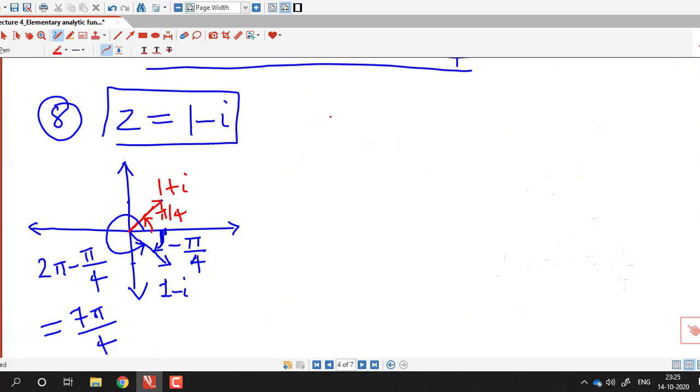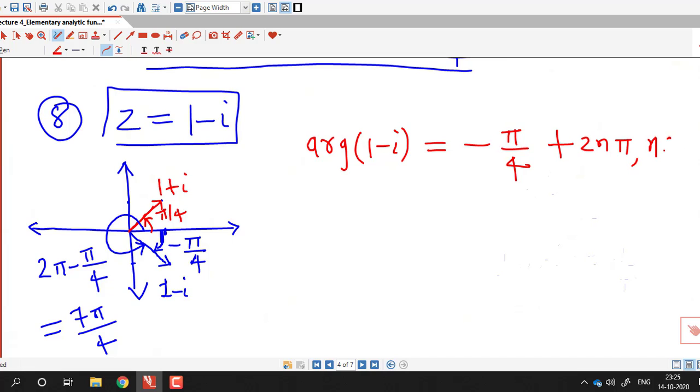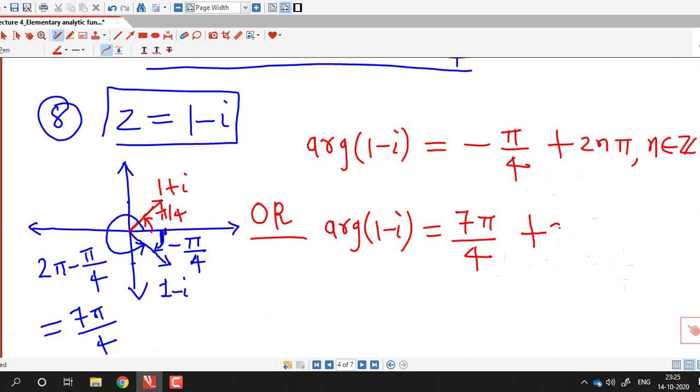So here z is 1 minus i, and from this discussion I can write the argument of 1 minus i is minus pi by 4 plus 2n pi, n is any integer, and for understanding we write this also, or we can write the argument of 1 minus i as 7 pi by 4 plus 2n pi, n belongs to Z. So you can use either of these two.